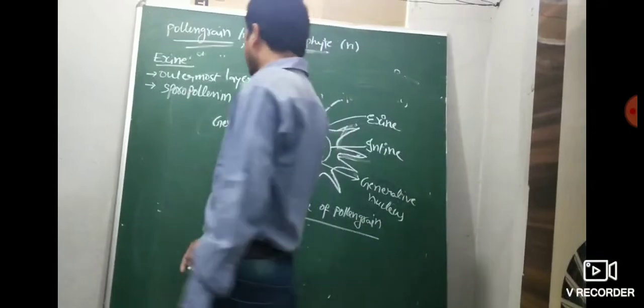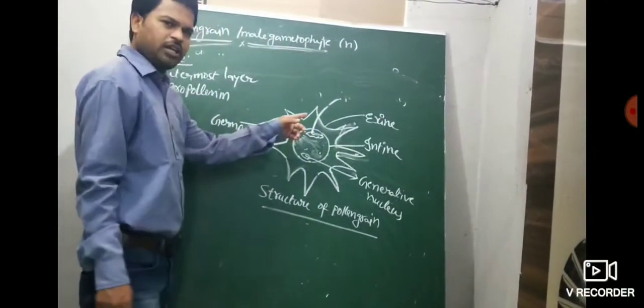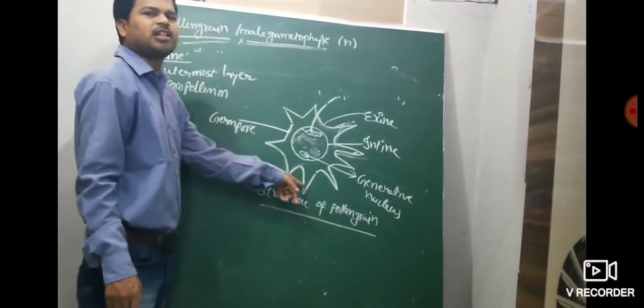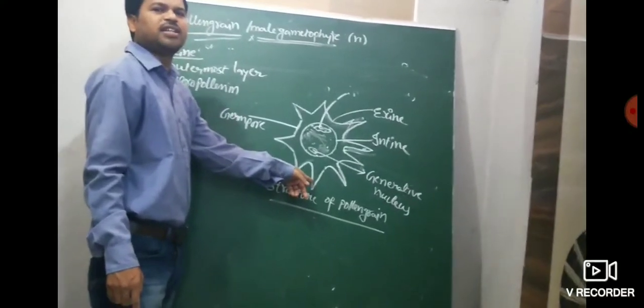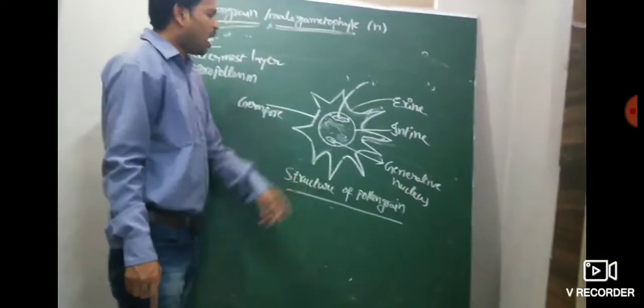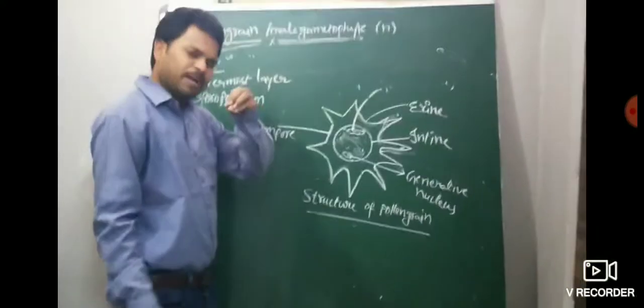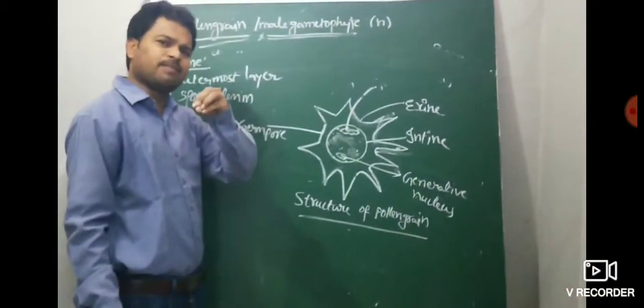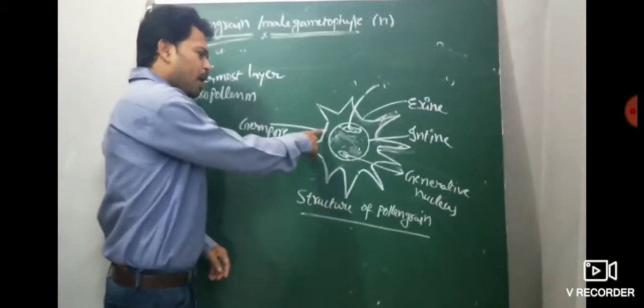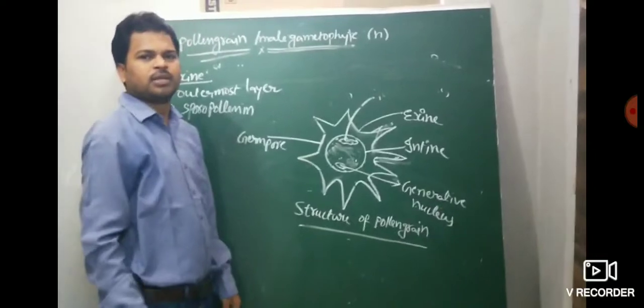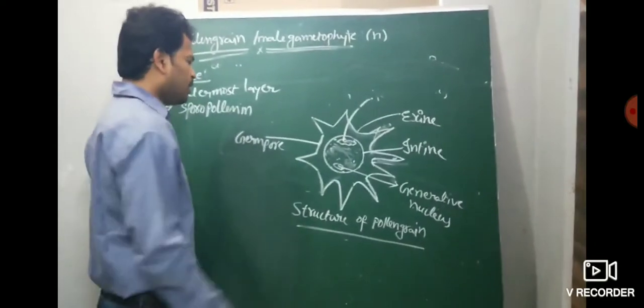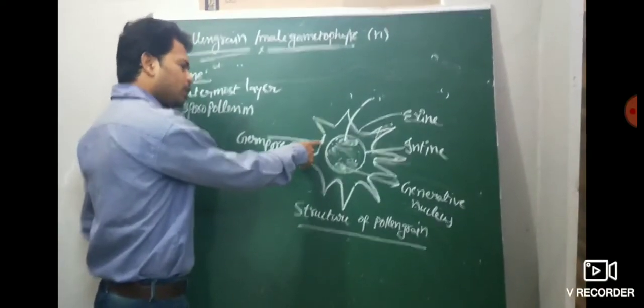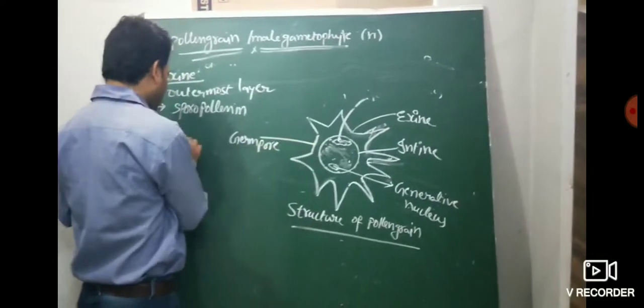One more important word here, exine: there are fascinating arrays also present in exine. In some places of the exine, there are proper apertures present. Aperture means holes are present.